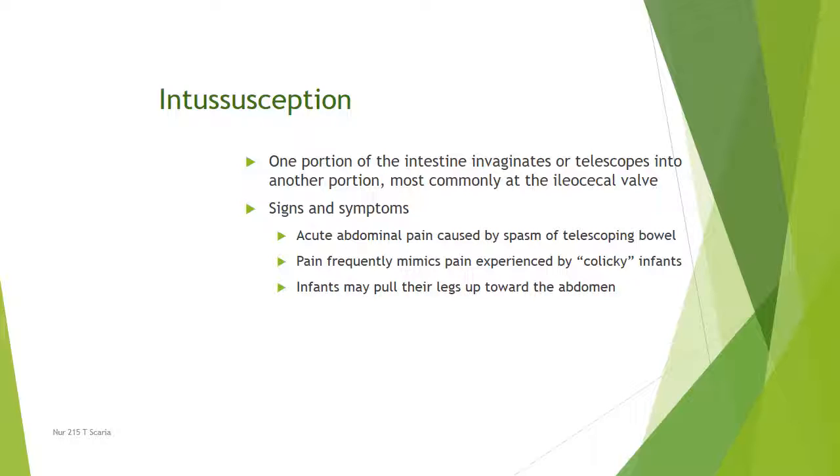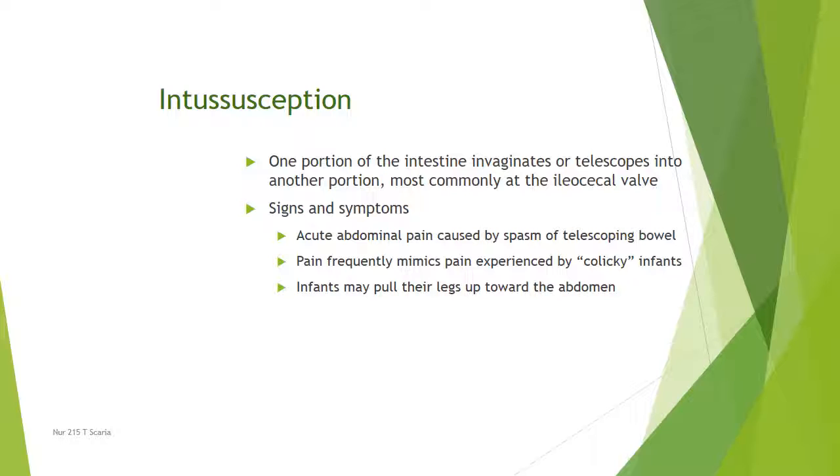Intussusception is when one portion of the intestine invaginates or telescopes into another portion, most commonly at the ileocecal valve. The signs and symptoms are acute abdominal pain caused by spasm of the telescoping bowel. The pain frequently mimics pain experienced by colicky infants, so we have to be careful with that. Infants may pull their legs up towards the abdomen.